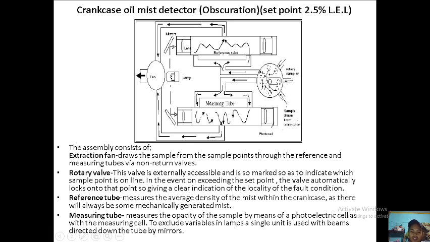If there is oil mist at a set point, for example 2.5% LEL, or lower explosive limit, the crankcase oil mist detector will detect the oil mist, and then it will give a signal or alarm to everyone that there is a possibility of explosion. To prevent explosion, the engine will slow down, or depending on a higher measurement, the engine might shut down.